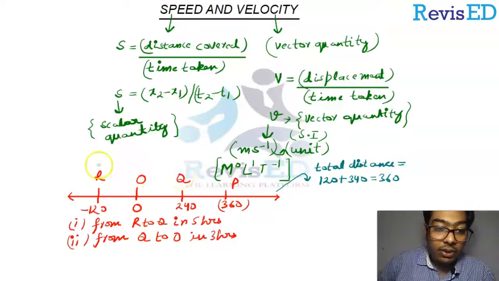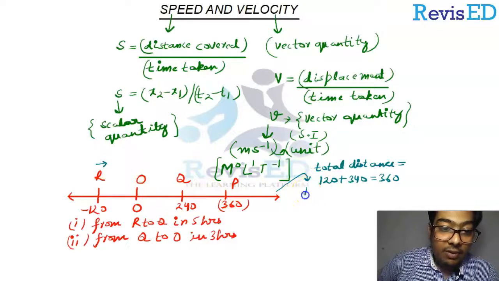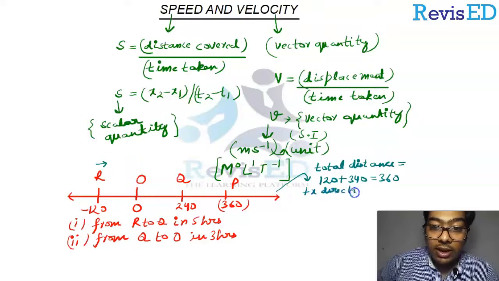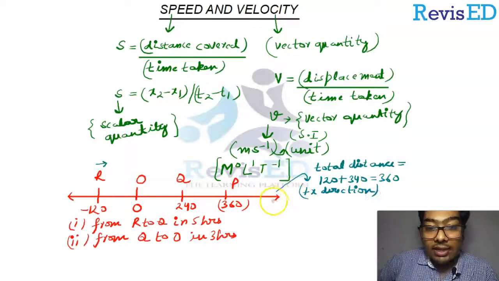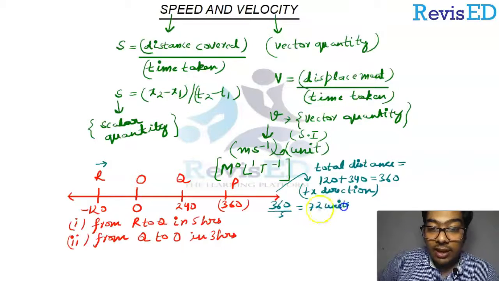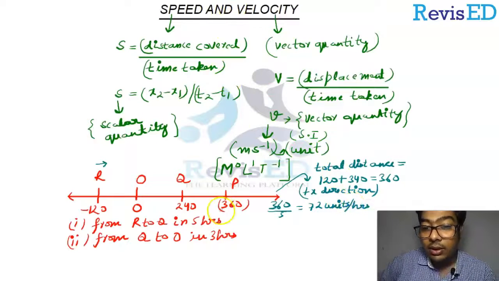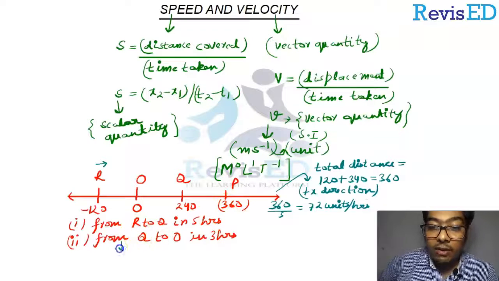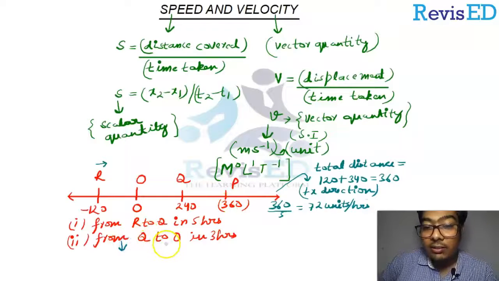The car started from R and reached Q in the positive x direction in 5 hours. So this is 360 by 5, which is 72 units per second. Because the unit of distance is not given, we write units only. If kilometers are given, we write kilometers, otherwise meters.